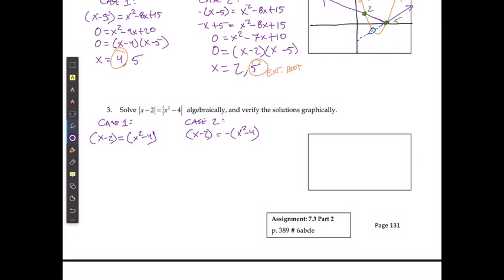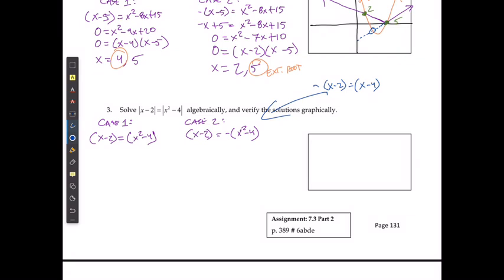Now, we could theoretically state 2 more cases. I could have a negative for the first one and a positive for the second one. But I can see that that's going to be the exact same as this one if I just multiplied both sides by negative 1. So I don't need to solve the same one again.